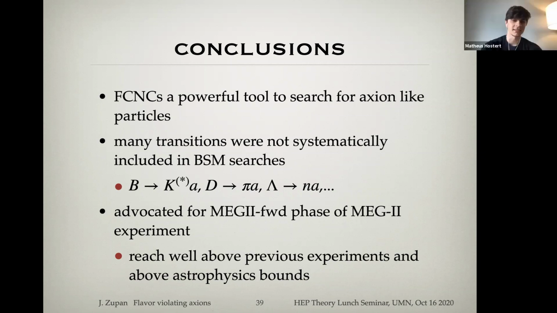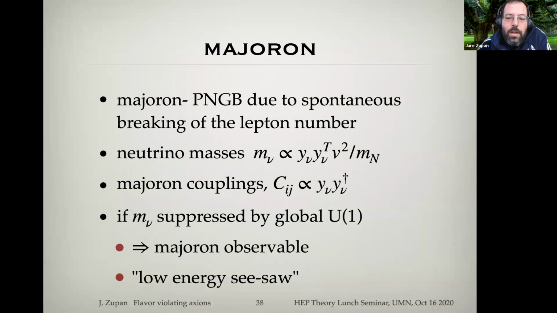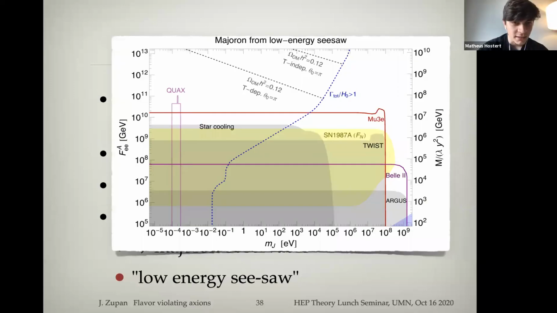So FCNCs. In the Majoron case, you have no bounds from the neutrino sector. Is that the statement? What specifically were you referring to? In the plot that you had, I was just wondering what the most important bounds are. Right, these are now just couplings to charged leptons.